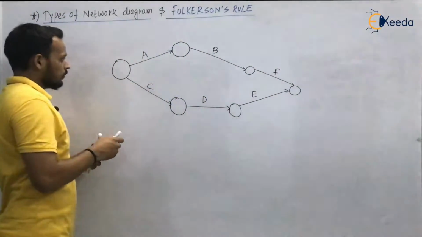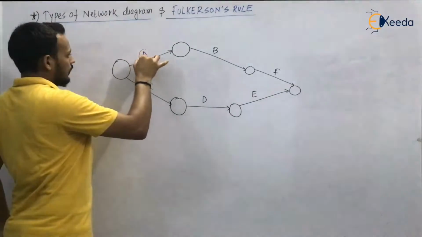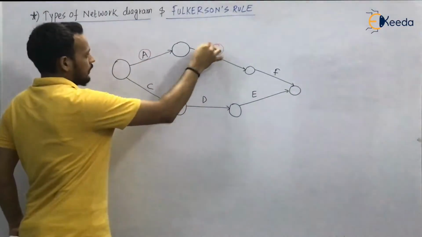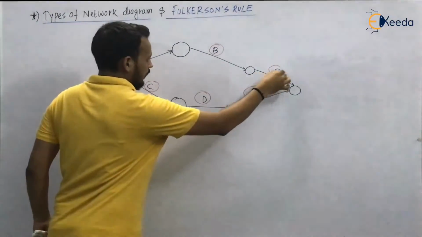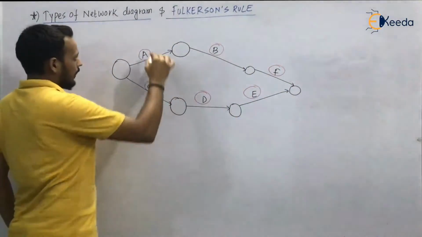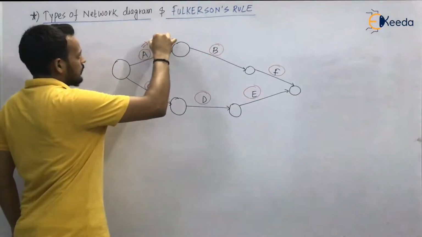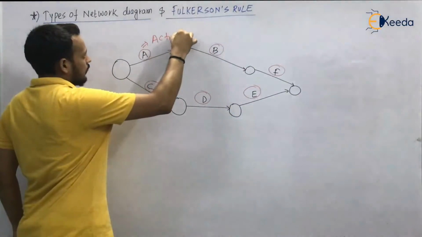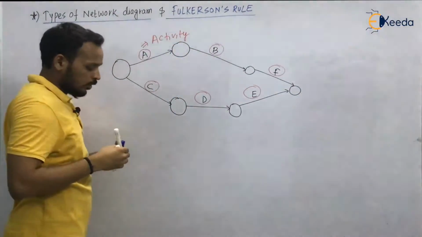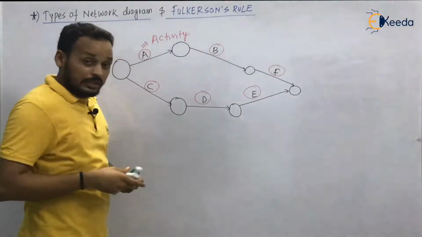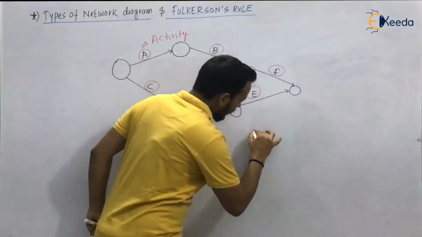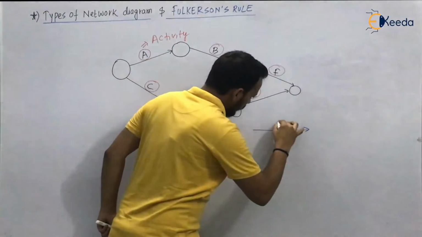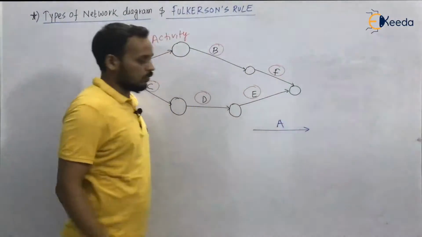What is this? A, B, C, D, E, and F. These all are activities. As you already know, we can represent the activity on an arrow.